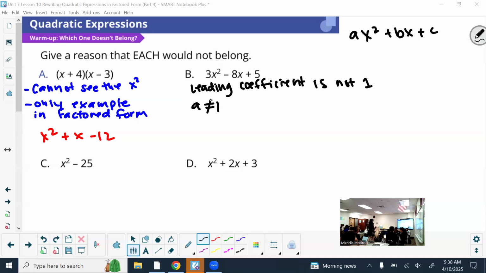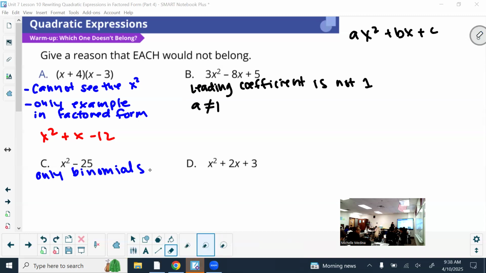Table 3, give me a reason that C does not belong. Good, it's the only two-term expression. We call those binomials. Only binomial, I'll say. And it's still factorable. It's the only example that is a difference of squares.